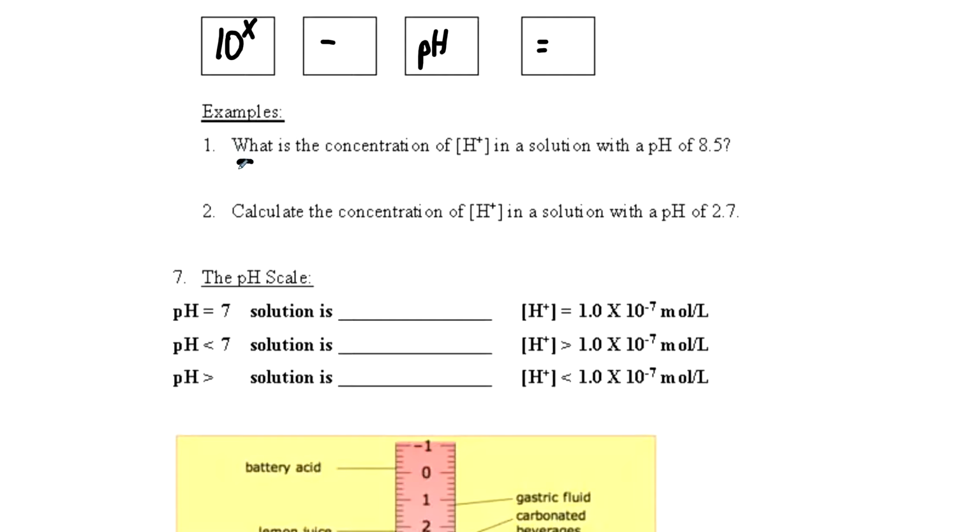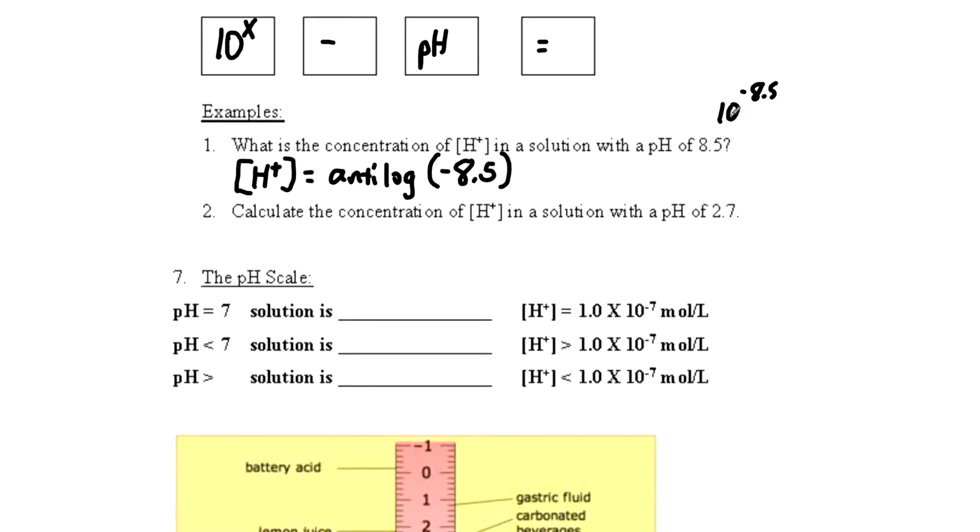Okay, so we're going to go, the H plus ion concentration is equal to antilog, and now we don't use 8.5, we use negative 8.5. Okay, so what we're showing here is that it's like 10 to the power of negative 8.5.